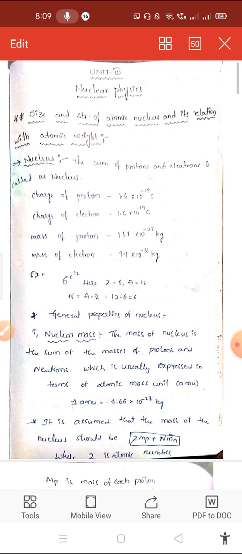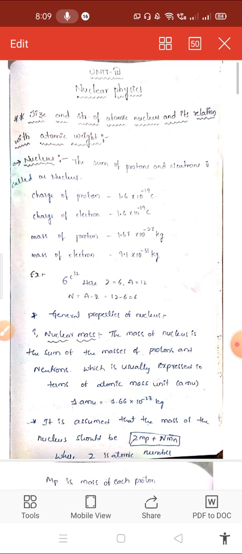So as of now we have discussed some basic theory regarding nuclear physics. Now I would like to deal with the size: what is the size, what is the radius and what is the mass? Some of the basic properties of the nucleus. So what is the nucleus?